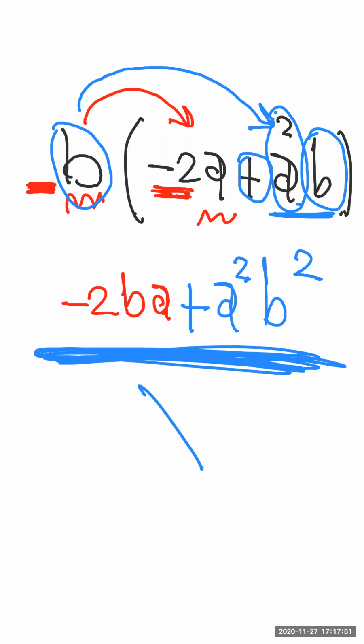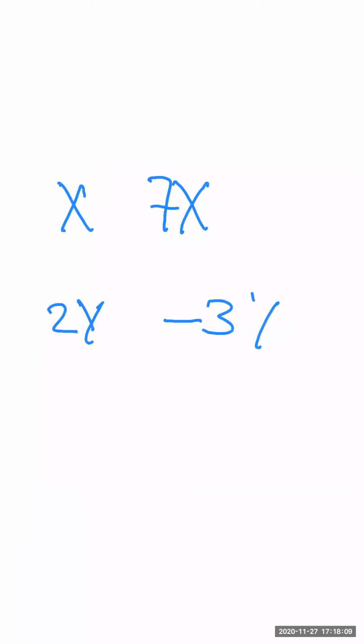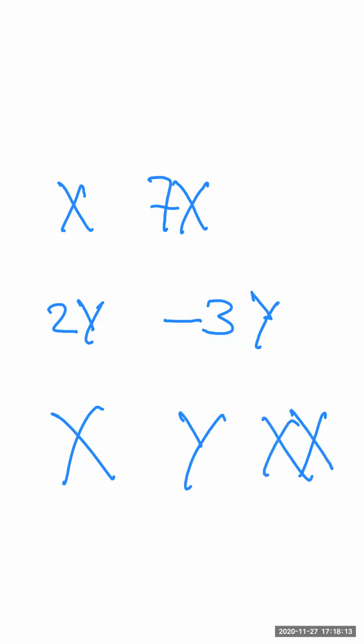Of course not. We said that addition and subtraction are only for like terms, so I can only add x to x or 7x, or 2y to negative 3y, but I can't add x to y. Because I'm adding or subtracting only like terms. Are we clear? Yes, Mister.